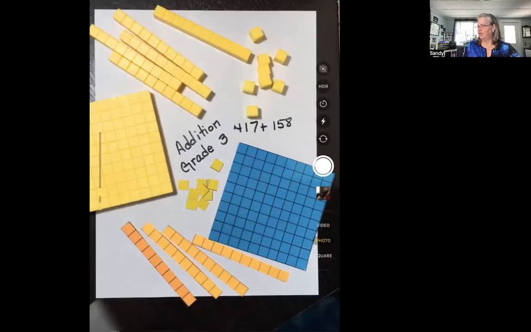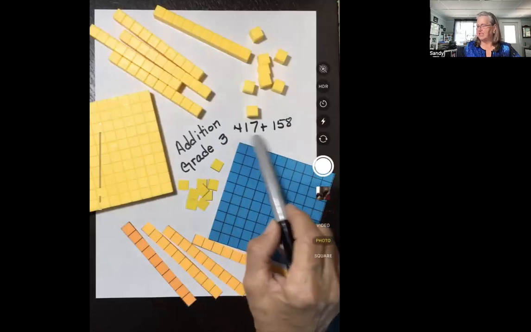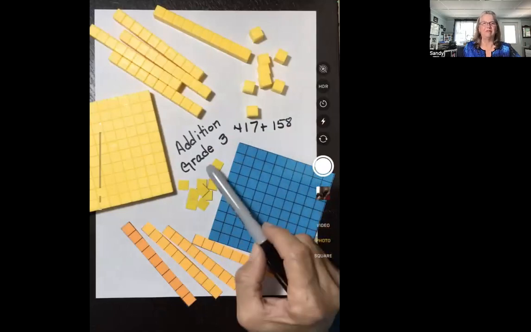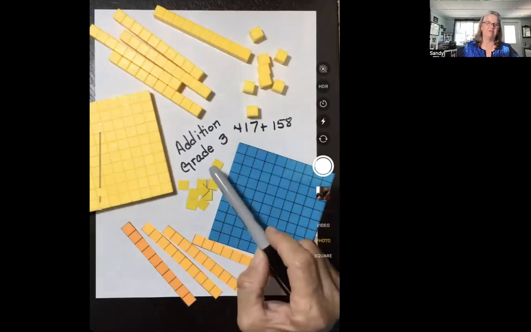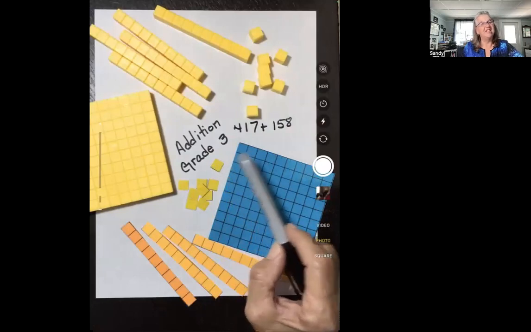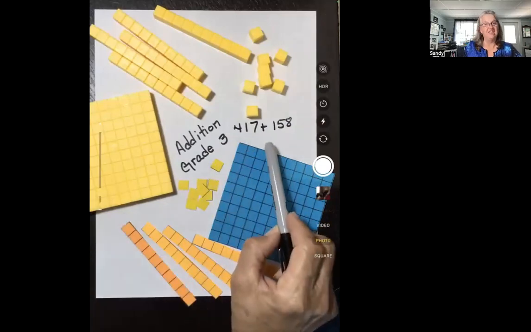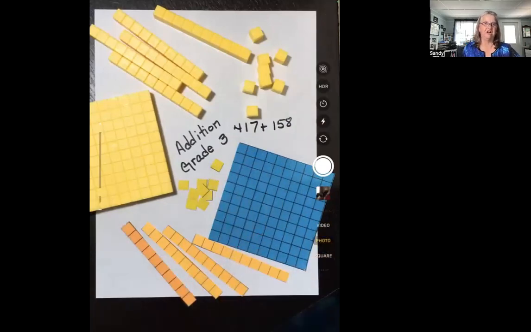So if you would, when you see a problem like this with your child, try using that language when you read it. Talk about 417 combined with 158, or joined with 158, or put together with 158. We keep reinforcing that language and connecting it to these symbols. It will be helpful to your child.